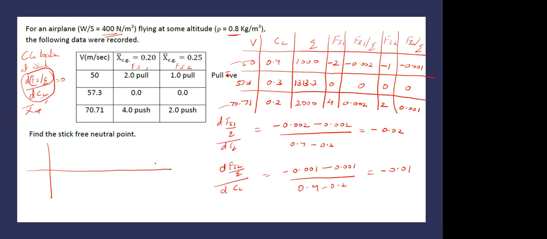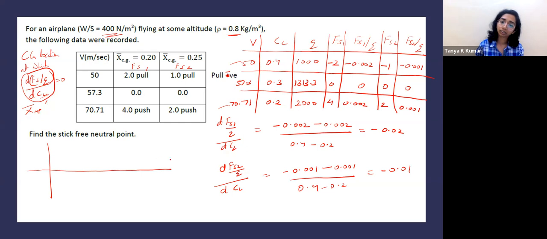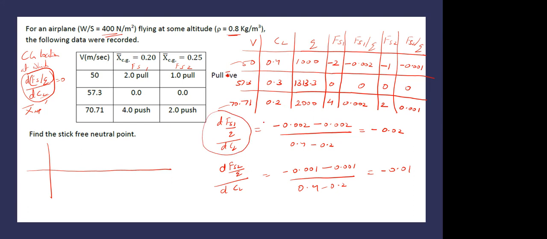Ma'am, we can use the value of dFS by Q by dCL. We equate it to X NP prime minus XCG. Can we use that for that static margin formula? In the static margin, where will this term come? This doesn't come, right? Okay, that is dFS by dN.